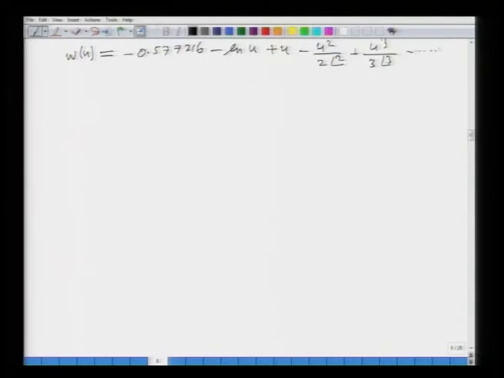Okay. So, you see that we can consider a few terms in this expansion depending upon the accuracy which is desired. So, this is the expression of your W which can be used in a computer program if we have to do this.